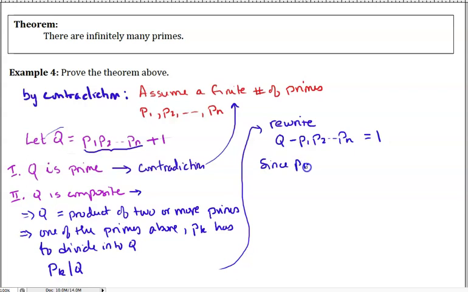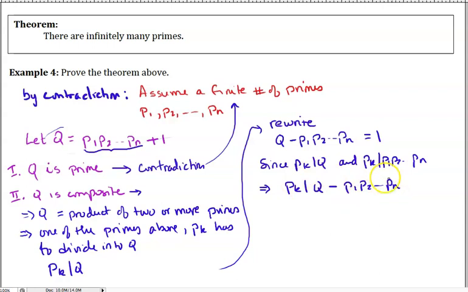Since pk divides into Q and pk divides into P1, P2, through Pn, which has to be true because pk is one of the primes on this list, then pk has to divide the difference between Q and P1, P2, through Pn.